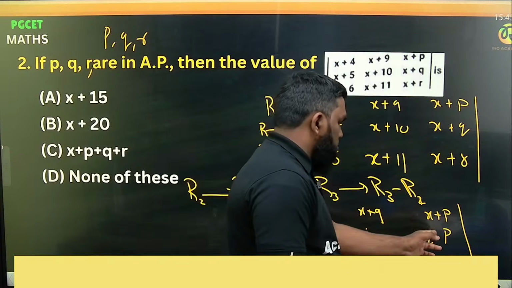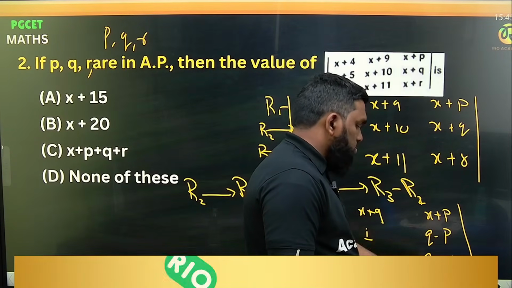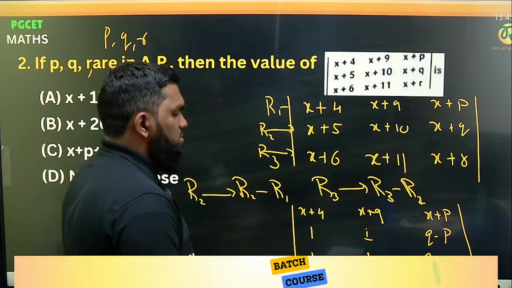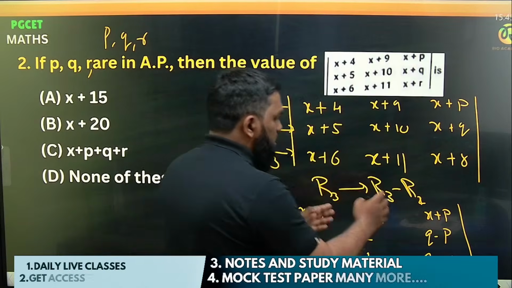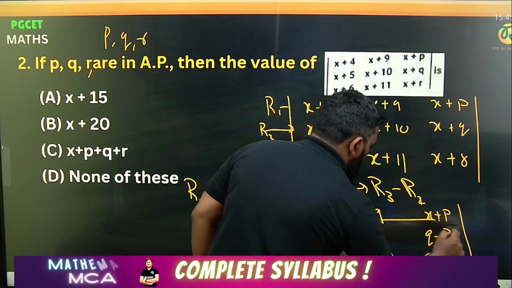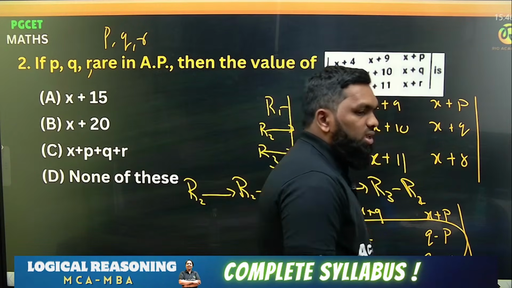Now we take this as D, because when we change it, it becomes identical. When we are finding the determinant, these two rows are identical. Why are we taking it as D?